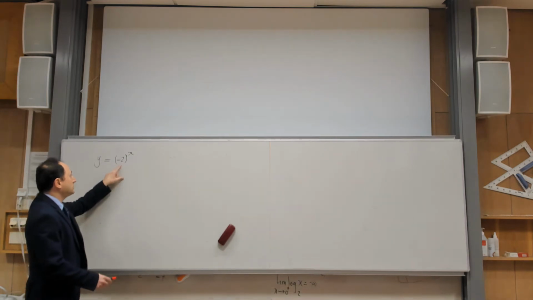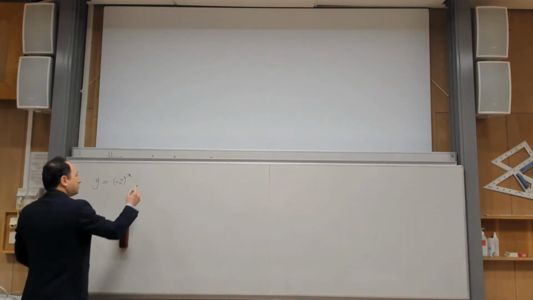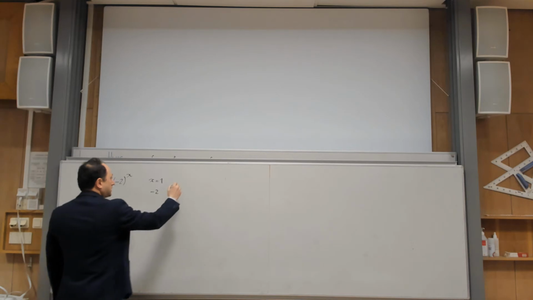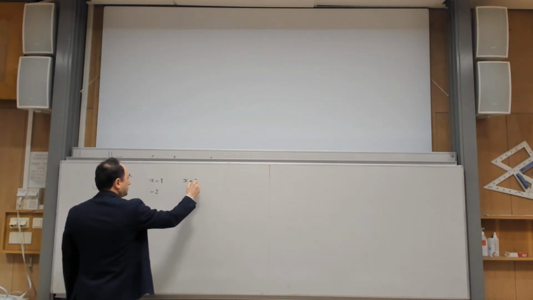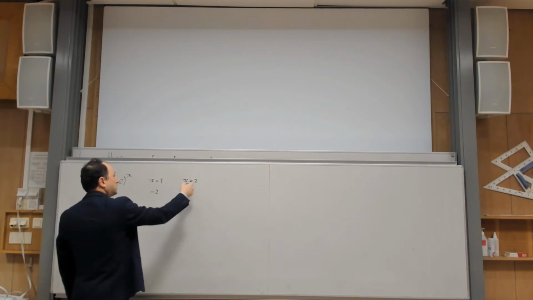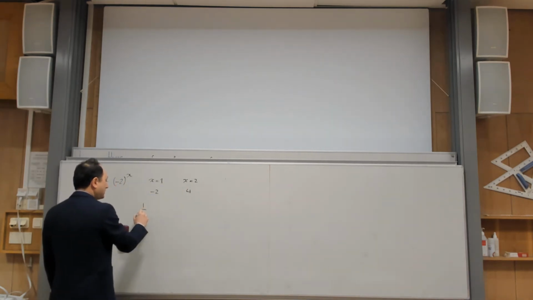Because, for example, what is the value of this function? If I tell you, for example, x equals 1, then you say minus 2 to the power of 1 is minus 2, okay. But what happens if I give you 2, then you say it becomes 4. So negative, positive. But between 1 and 2, there are infinitely many numbers. And that becomes a square root. So, for example, what happens if I give you 1 and 1/2?